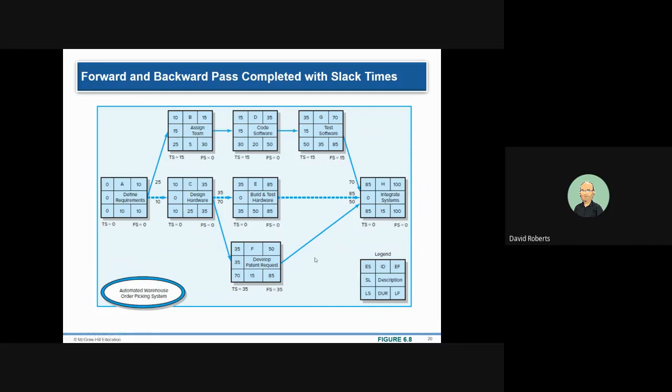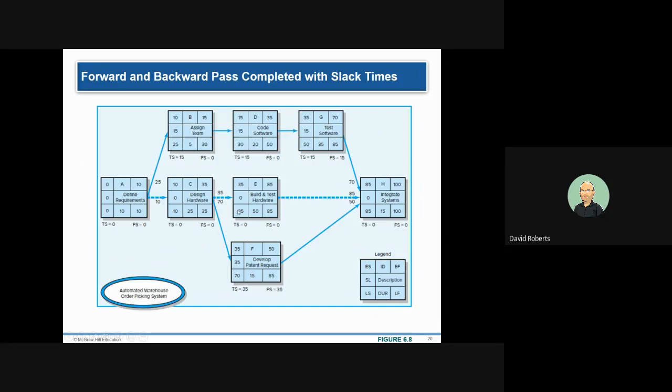Now, if you have a situation where you have multiple activities, so for example, when we're moving backwards, if you look at F and E, both go backwards into C. So you see you have the 35 and the 75 in the bottom left-hand corners. You take the smallest number.